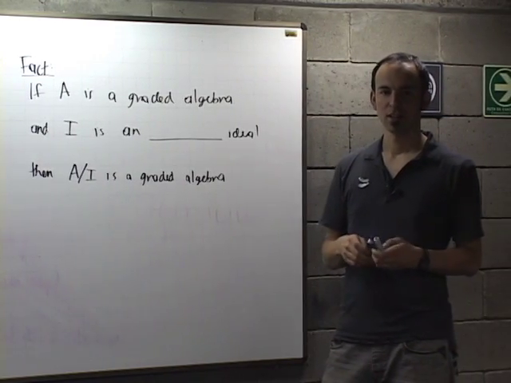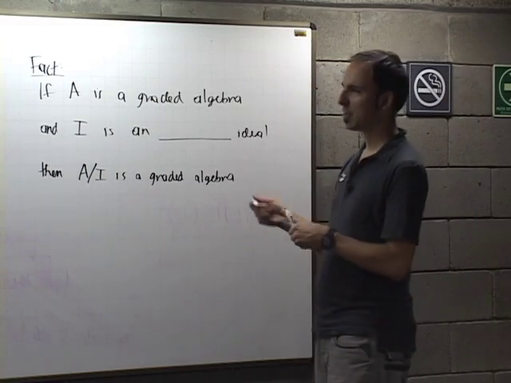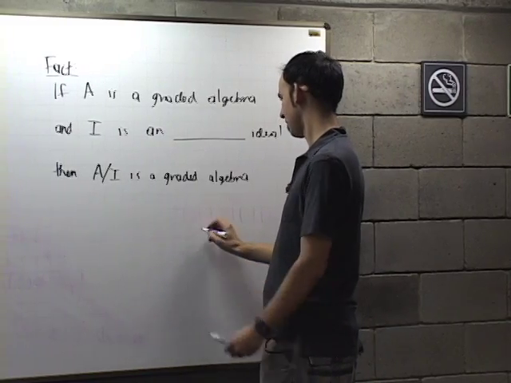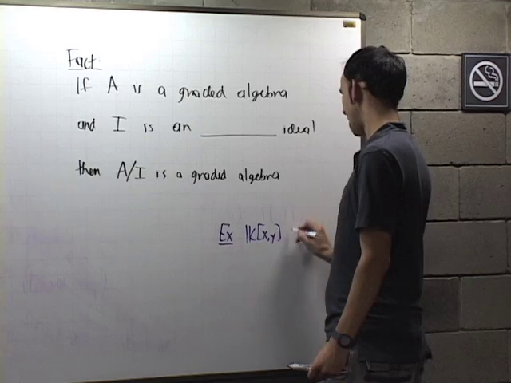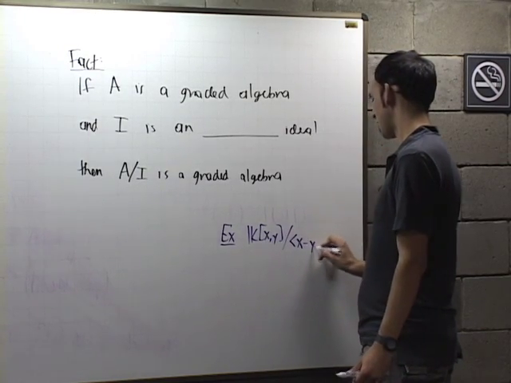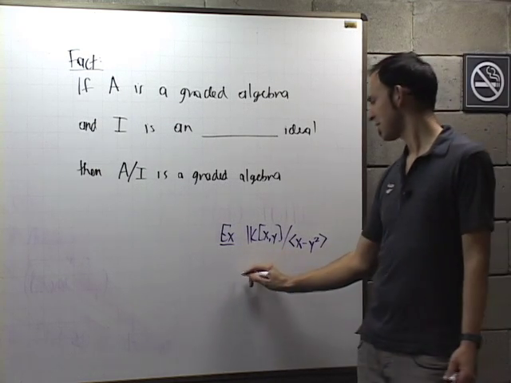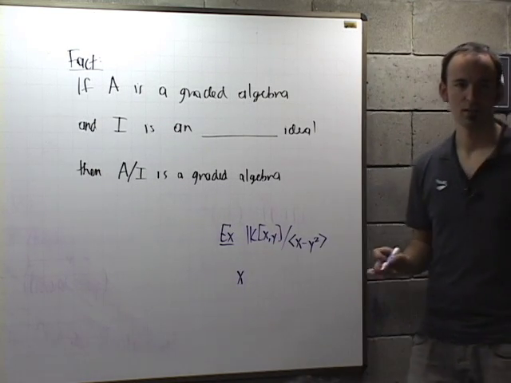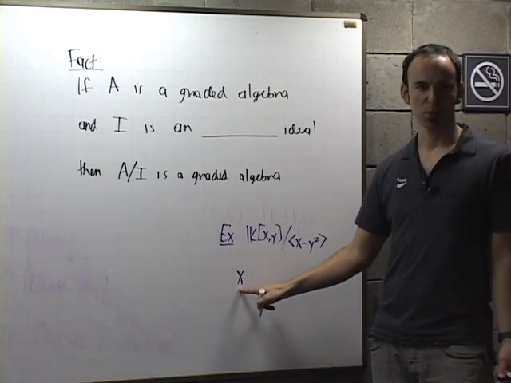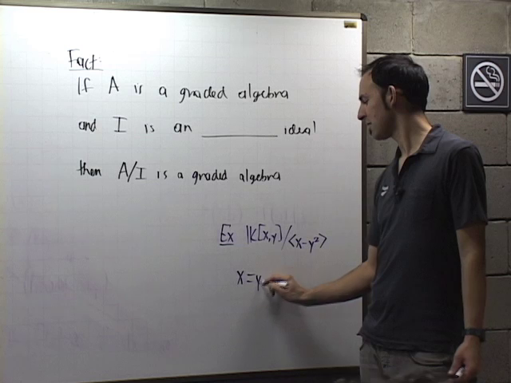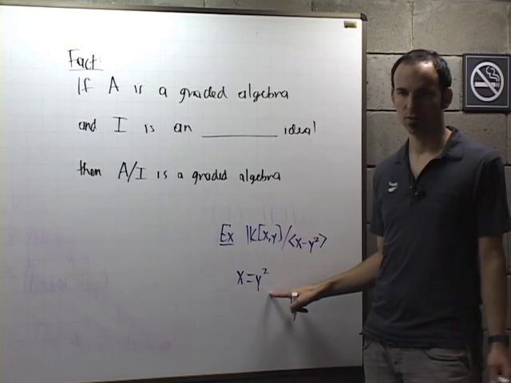So graded. So graded meaning, you see the thing is, for example, if I take k of x, y, and I mod out by x minus y squared, then what is the degree of x? Well, the degree of x, you would think it would be 1, but here x is equal to y squared. So is it degree 1 or degree 2? You can't really know.